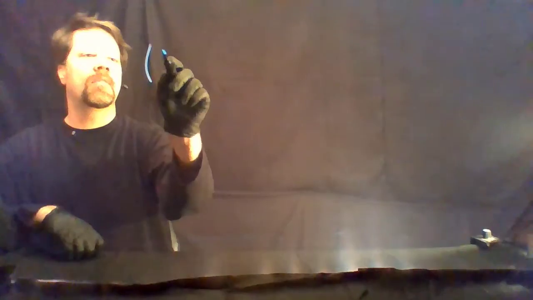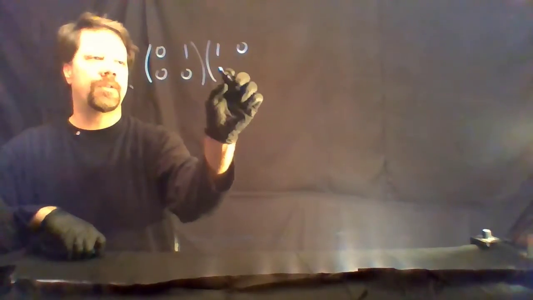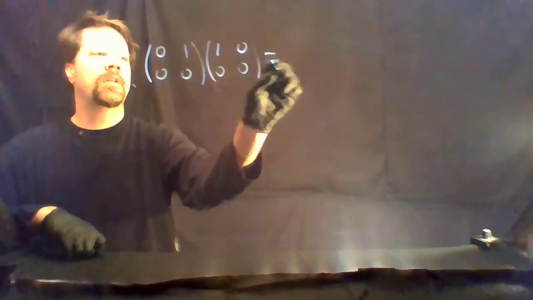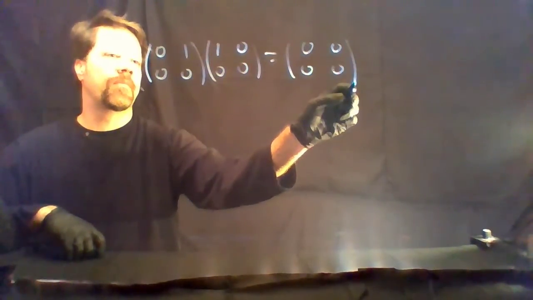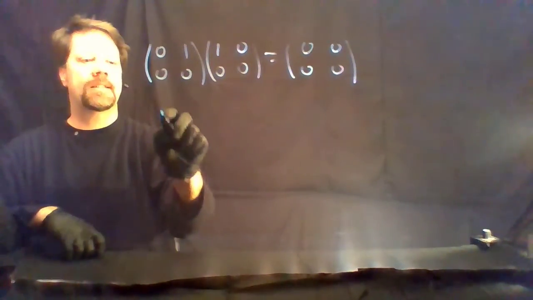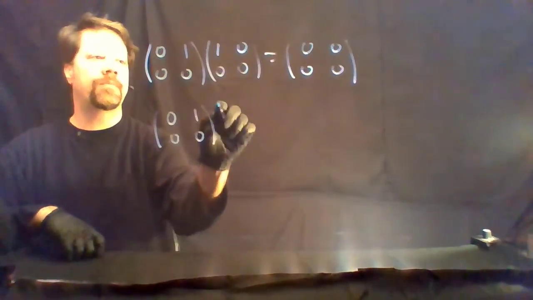The situation is somewhat even worse than this. That 0, 1, 0, 0 times, say, 1, 0, 0, 0, as we've just seen, is 0, 0, 0, 0. Let's write this as 0, 1, 0, 0.